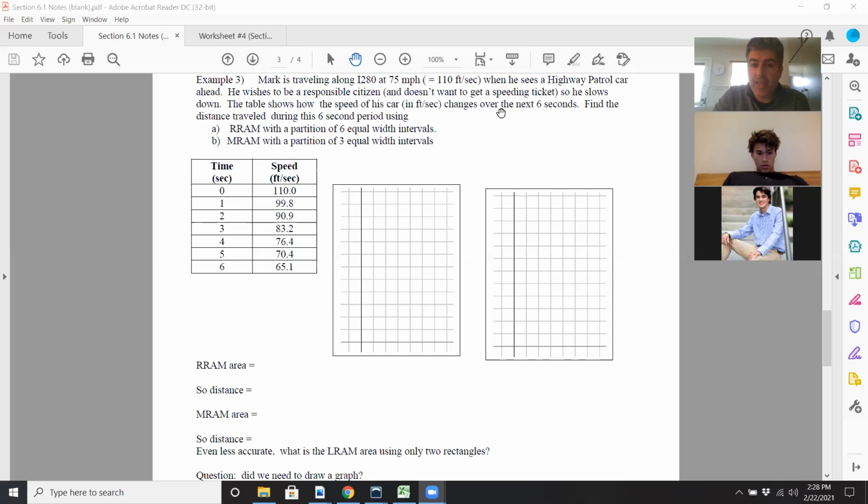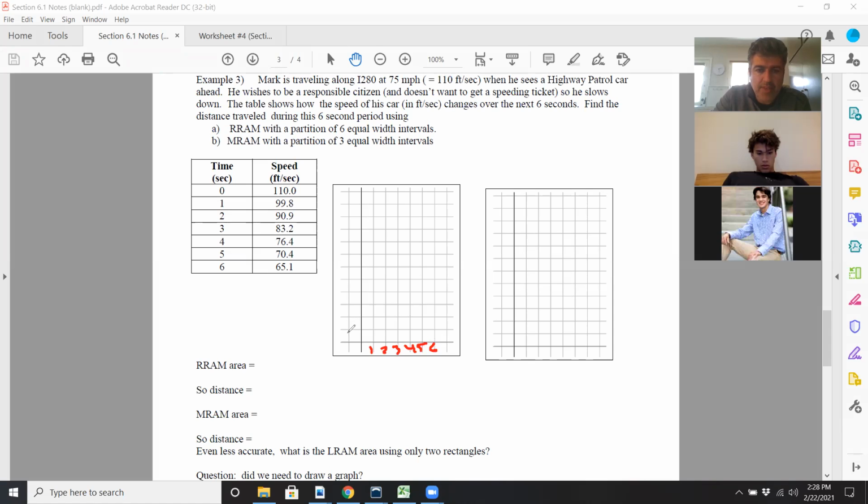So it shows the speed, how it's changed over 6 seconds. Find the distance he traveled during the 6-second period. We recorded his velocity values for the 6-second time frame. So what we'll do is plot these points. In order to plot these points effectively, we'll partition the x-axis with widths of 1.